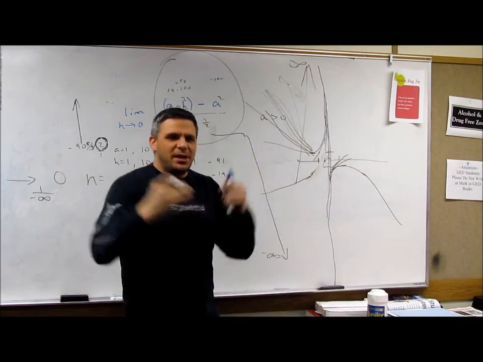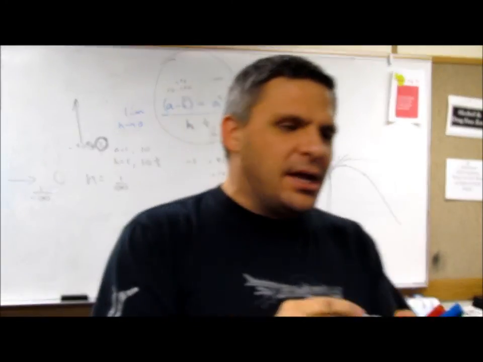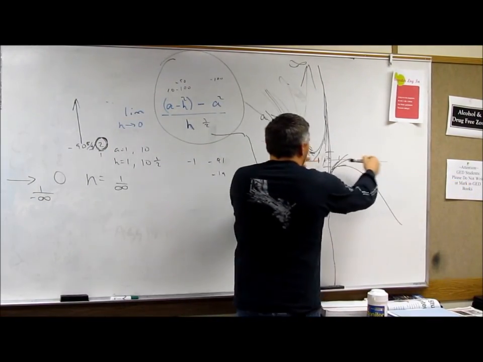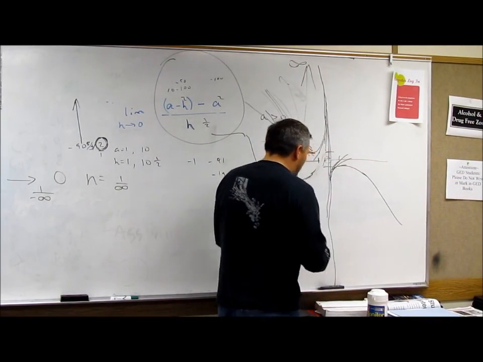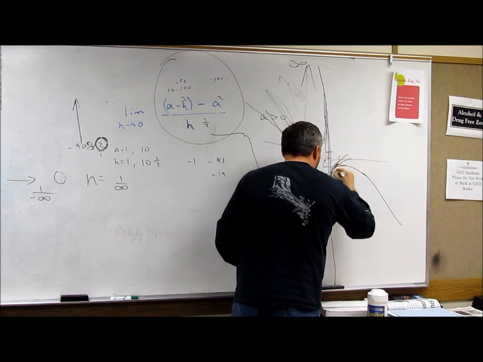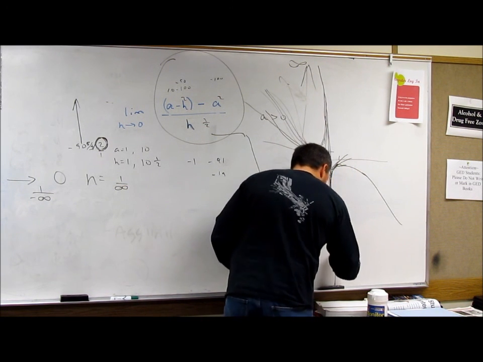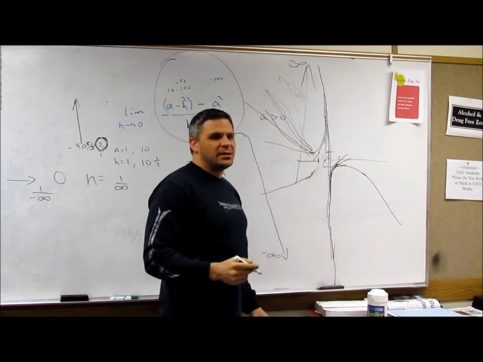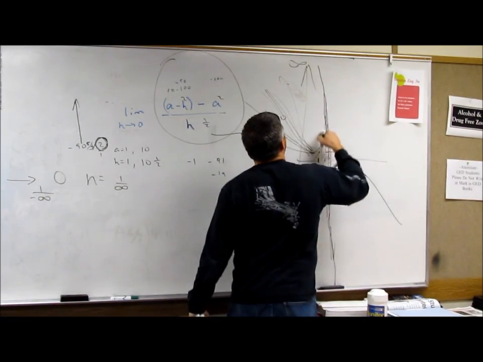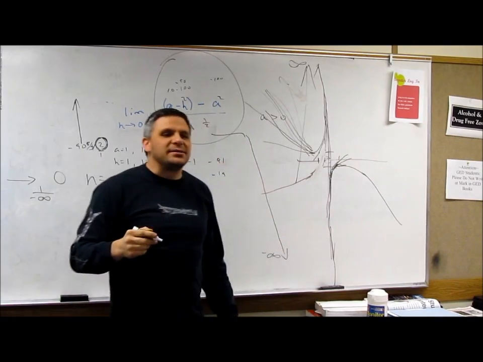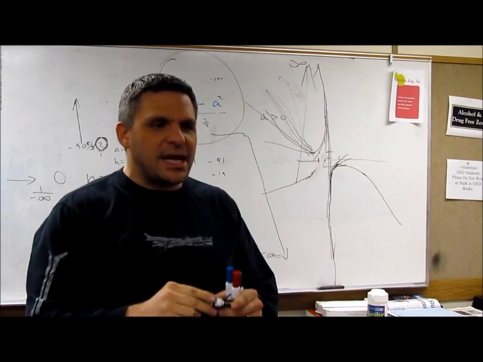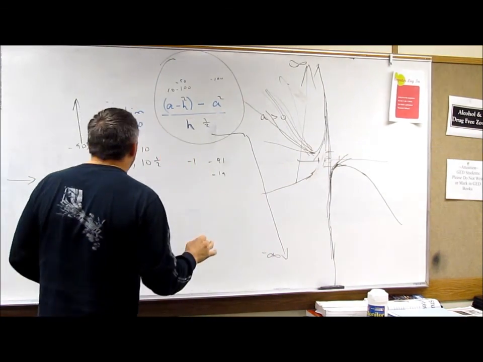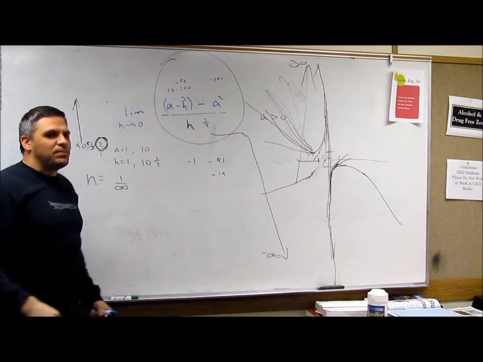And as we approach, no matter what happens, as we approach from either side of 0 to 0, what happens is this function goes, on the positive side, straight to negative infinity. But on the negative side, it goes straight to positive infinity. Because that's all we're asking about, is the limit as h approaches 0.